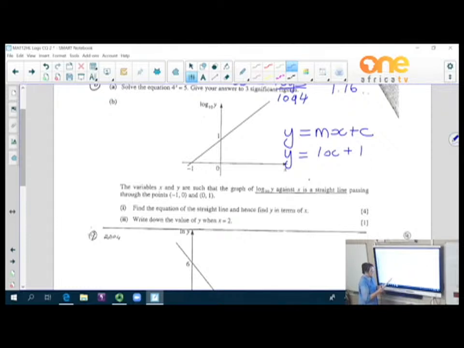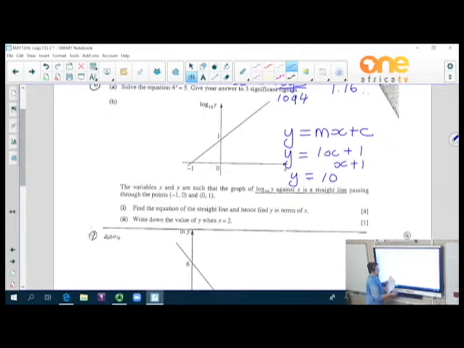But now I need to change this to a log graph, remember? Because you have to go back, so you need to change it to a log graph. So then y is equal to 10 to the power of x plus 1, because it was an exponential equation.